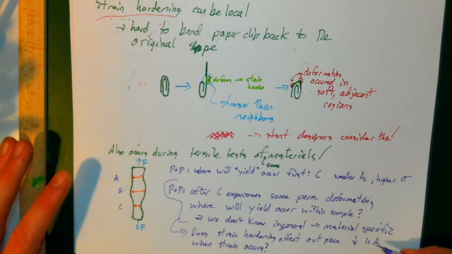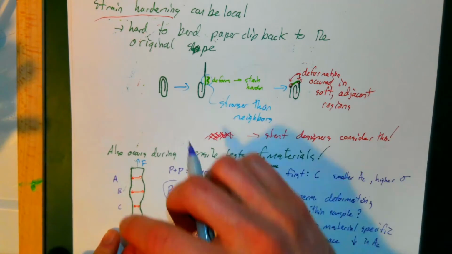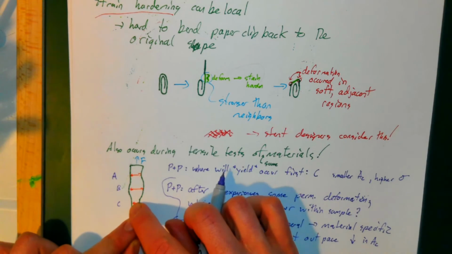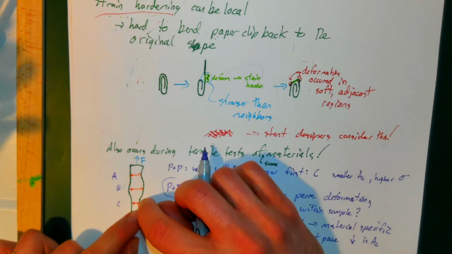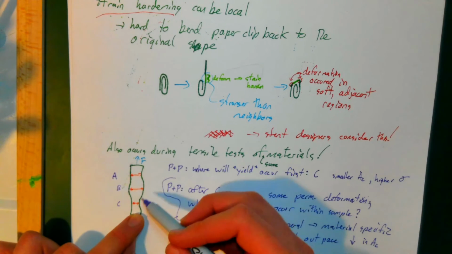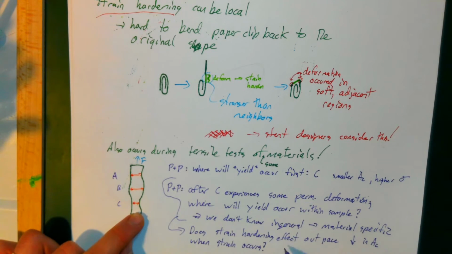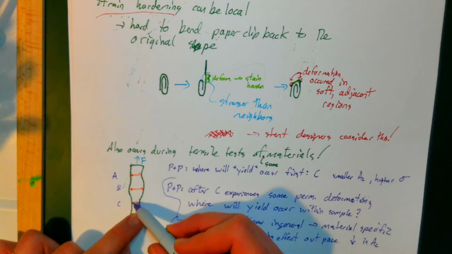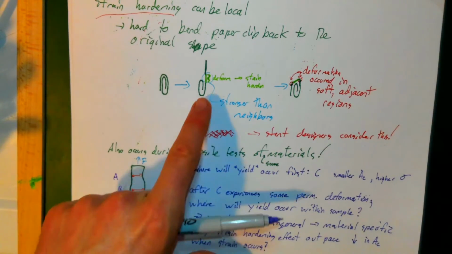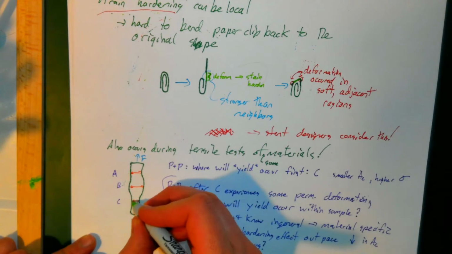So if you remember, right, you take something, you stretch it out, see if region C stretches a bit. If region C stretches a little bit, one option is we would know that the yield stress in region C gets harder, right? Sort of similar to the paperclip phenomenon right here.